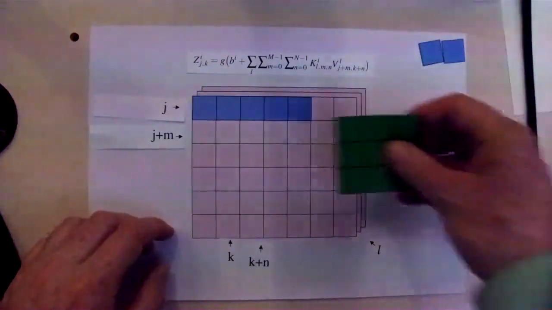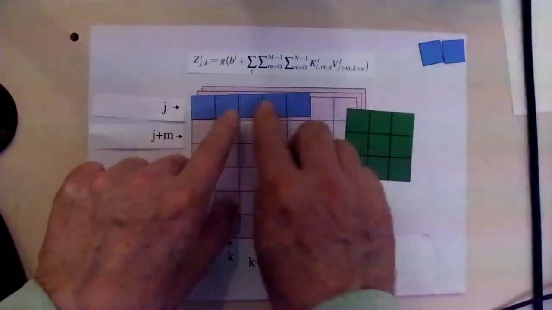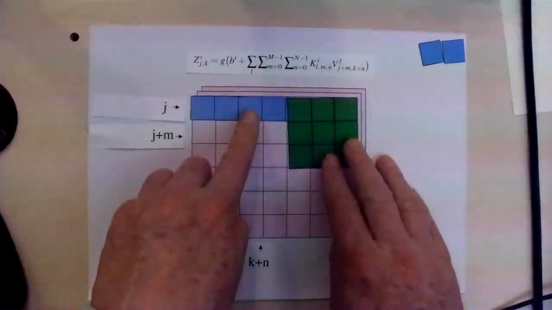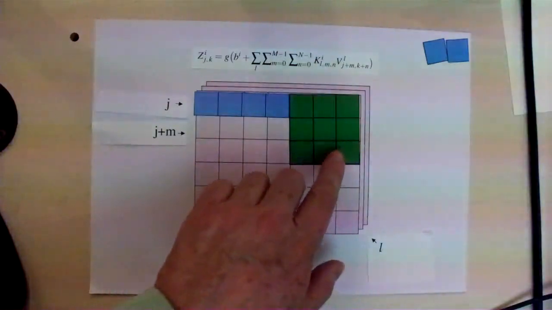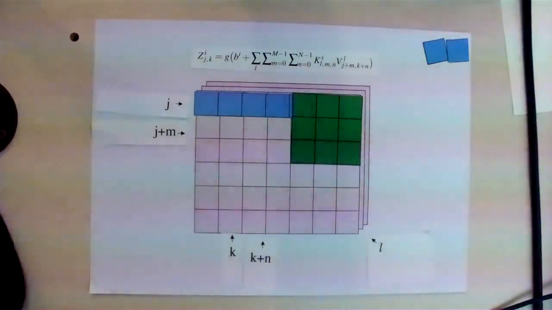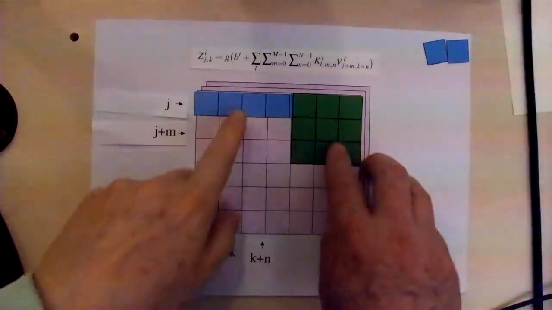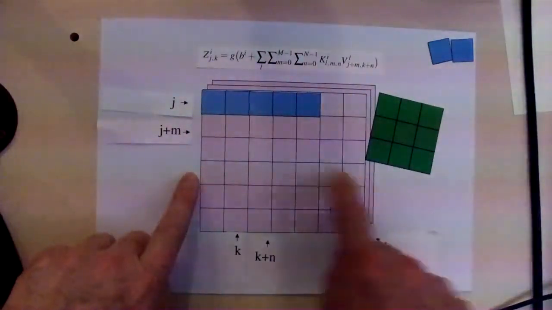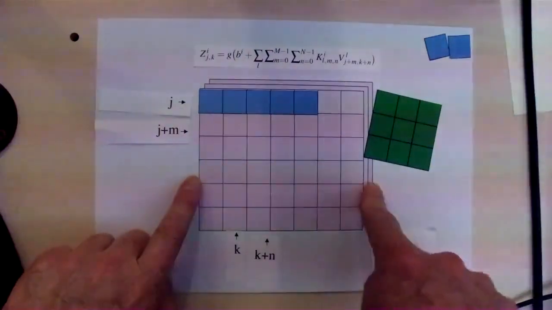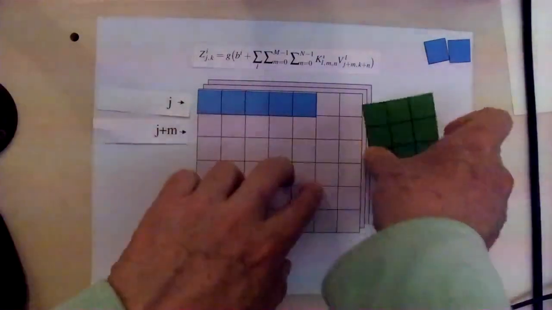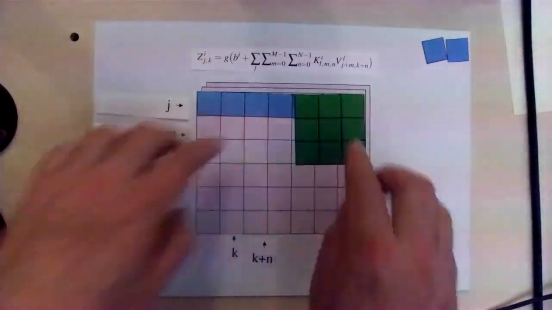Now notice the number of hidden nodes in this row shrinks a little bit because by the time I get to here, I've banged into the edge. In a minute we'll talk about padding, but in this situation, the original input had a width of 7, and the hidden nodes will only have a width of 5, right?